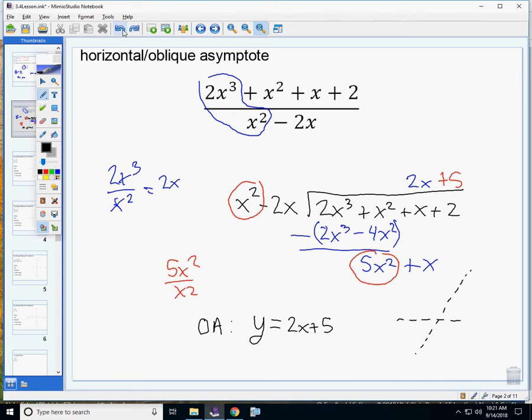So with our oblique asymptote, we would probably have a vertical asymptote like this, and then an oblique asymptote like this, and then we could have our function that looked similar to this. So you won't have a horizontal and an oblique, you will have one or the other. It'll either be oblique or it will be horizontal.